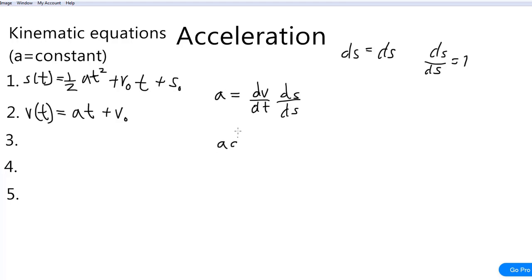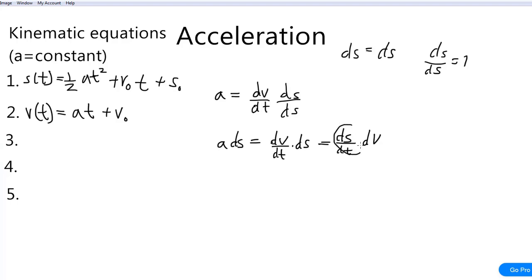So now let's multiply ds to this side. So a ds equals dv dt ds. Since these are being multiplied, we can switch these two. So now this is going to be ds dt dv. Well, what is this in the end?